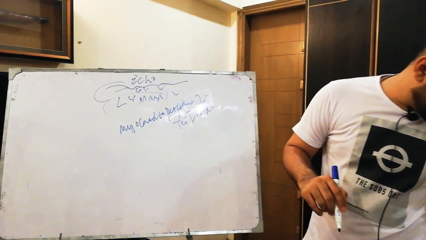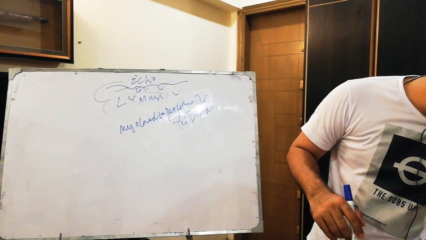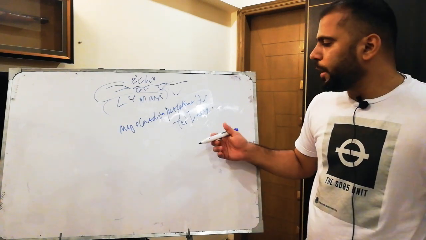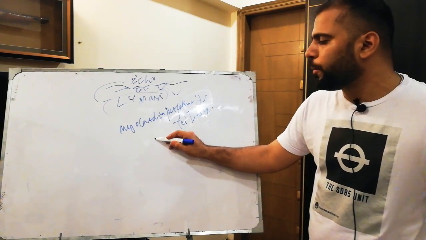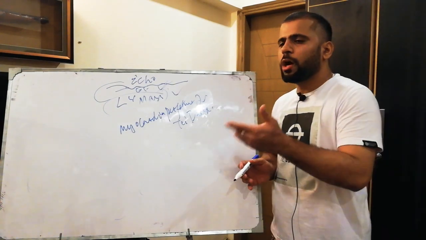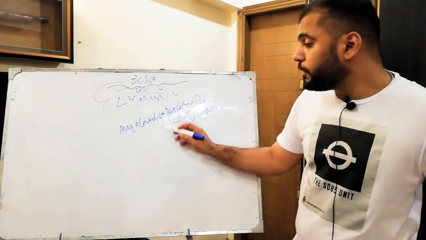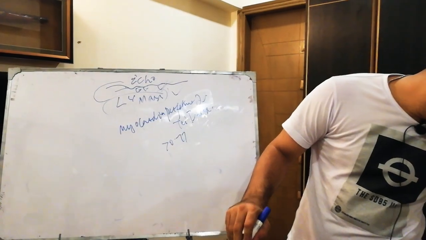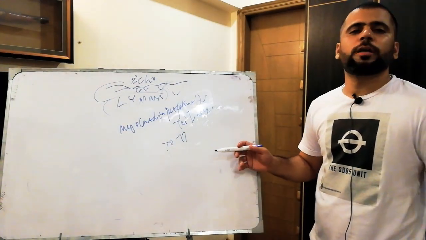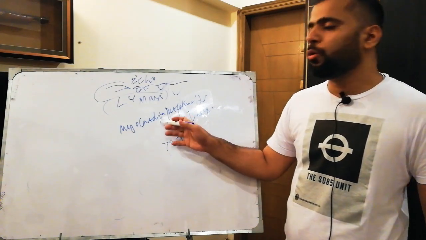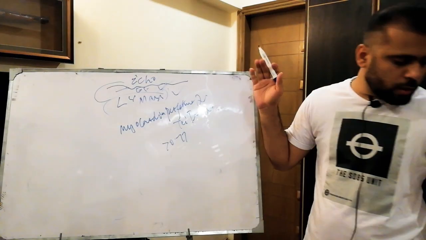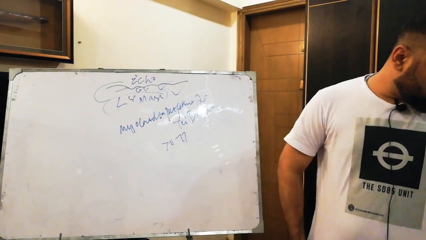So what is the Tei index? We calculate this Tei index through tissue Doppler, and the machine would tell you the Tei index of the LV. If it is more than 0.77, then it is a poor prognostic marker. So if the Tei index is more than 0.77, it means your patient has a poor prognosis.